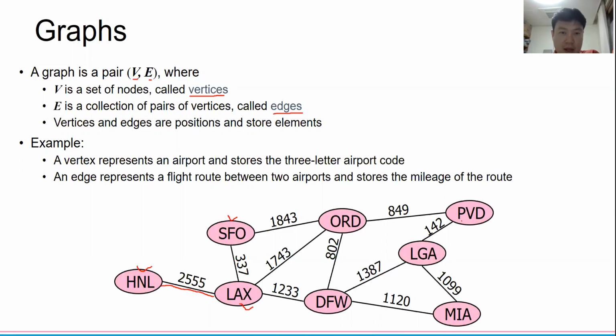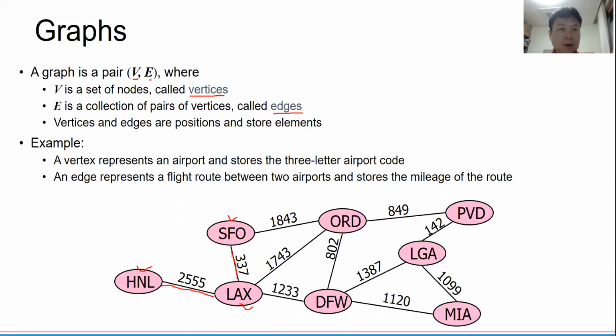Miami and Pennsylvania. So the nodes indicate the airports, but the edges indicate that we have an airplane route for a trip from Honolulu to LAX, and a trip from LAX to San Francisco, and so on.